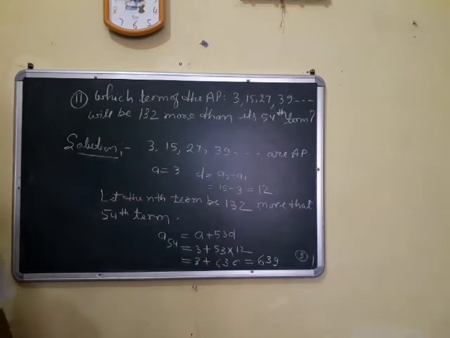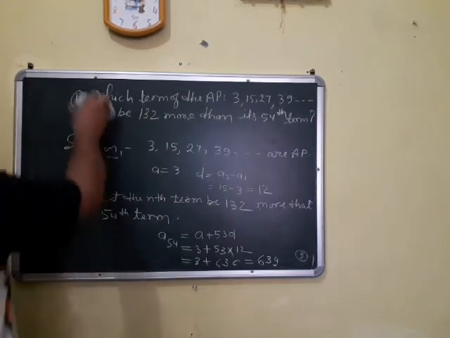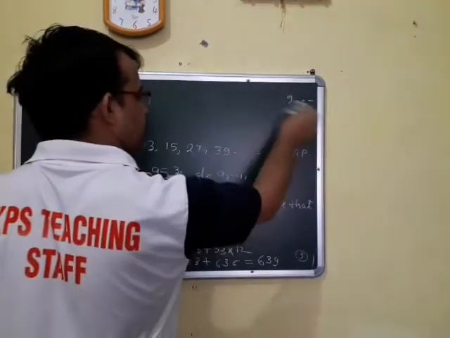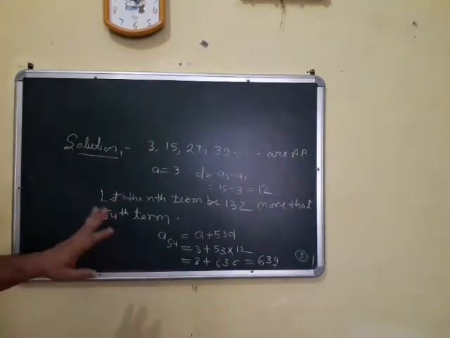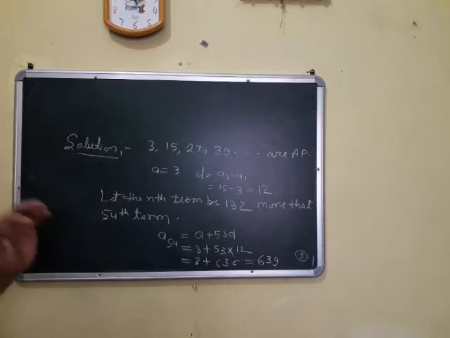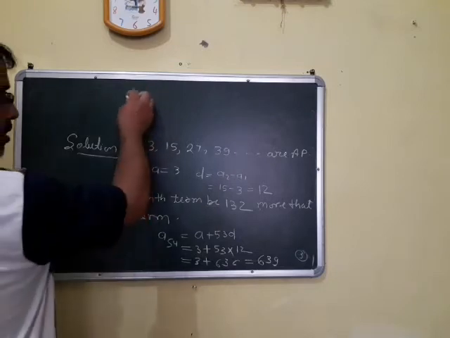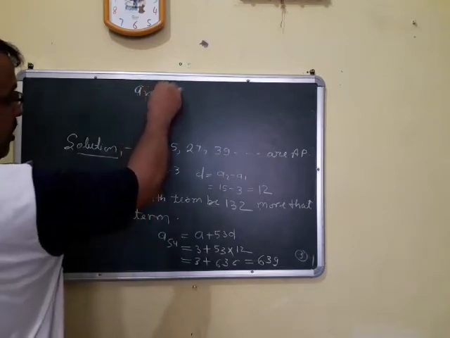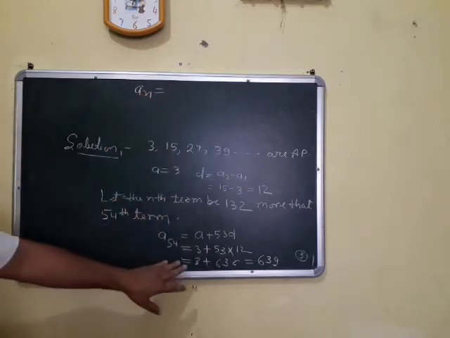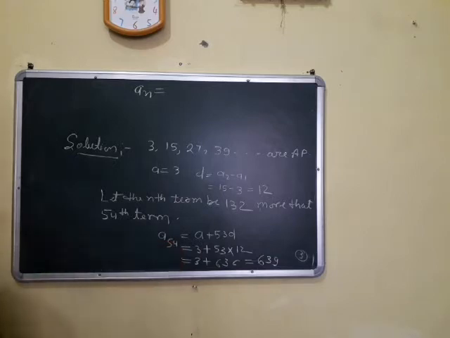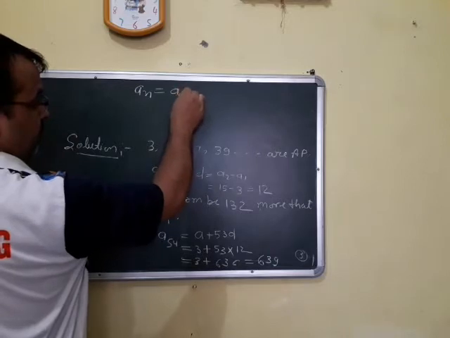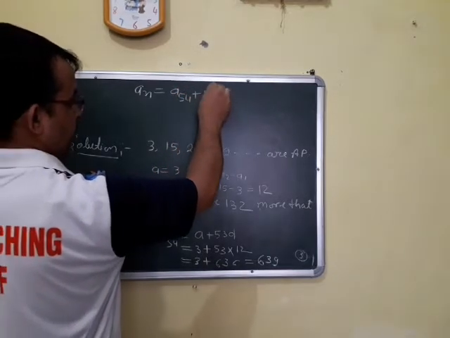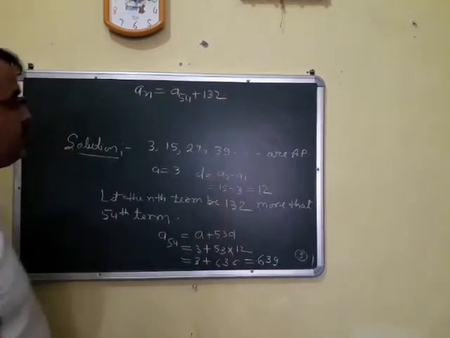639. Clear? Now look, the last term we find here: an is equal to a54 plus 32, a54 plus 132.